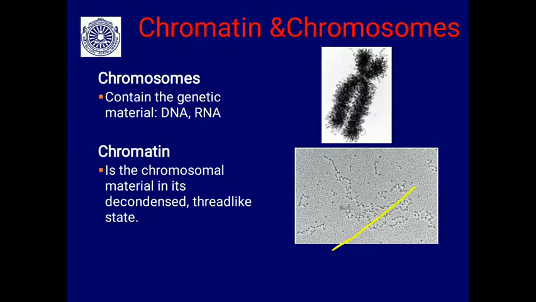This is how exactly the chromatin in interphase chromosome looks, where you can see it is in a decondensed thread-like state, and it is actively transcribing chromatin. As it moves from the interphase to mitosis, to the metaphase stage, you can see a highly condensed chromosome.